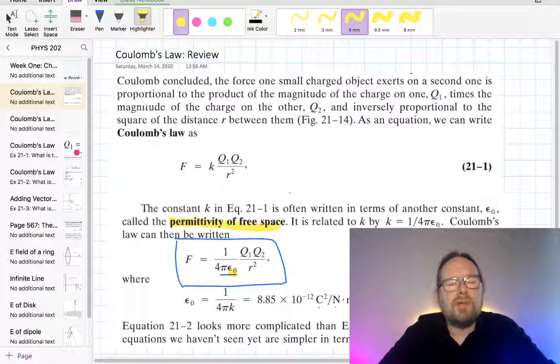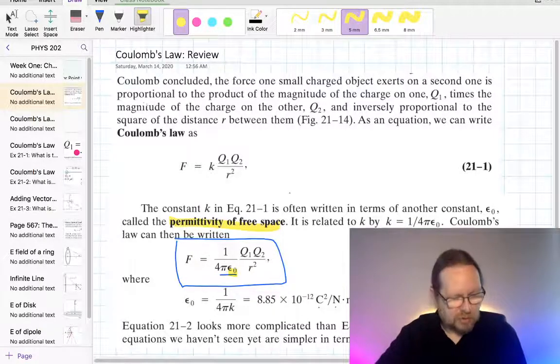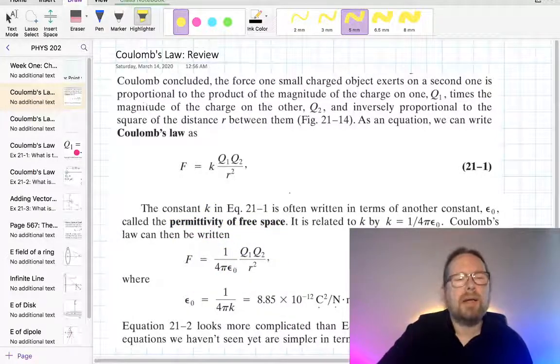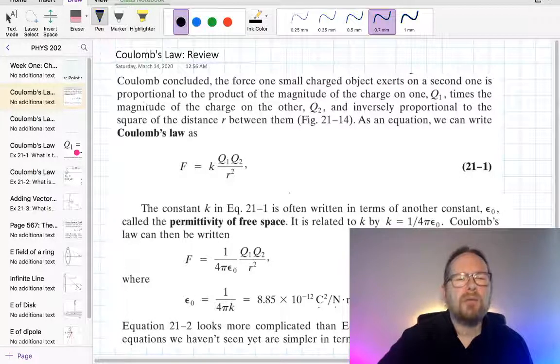The only difference is the way we frame the constant. It turns out that some physics equations, namely Gauss's law, look simpler without the 4 pi in there and with the thing written in terms of epsilon naught instead of k. So we'll usually see Coulomb's law written that the force between two charges is equal to the product of the two charges divided by the distance squared times 1 over 4 pi epsilon 0.